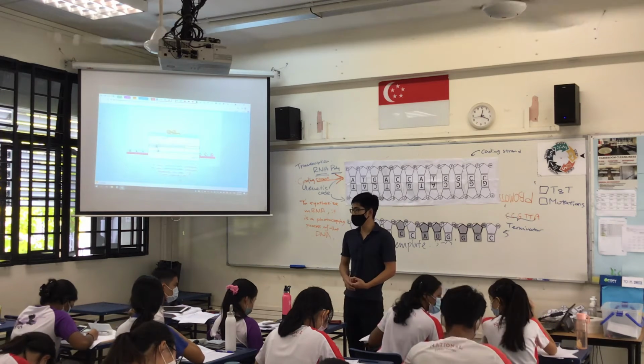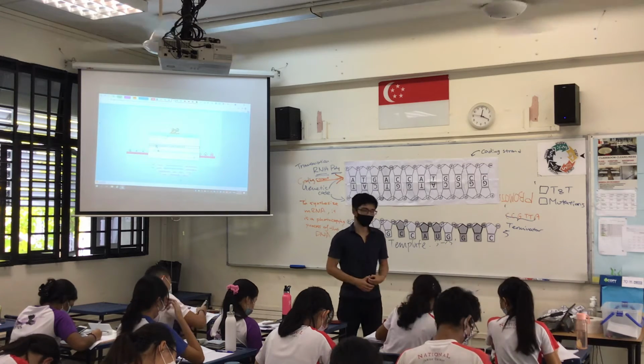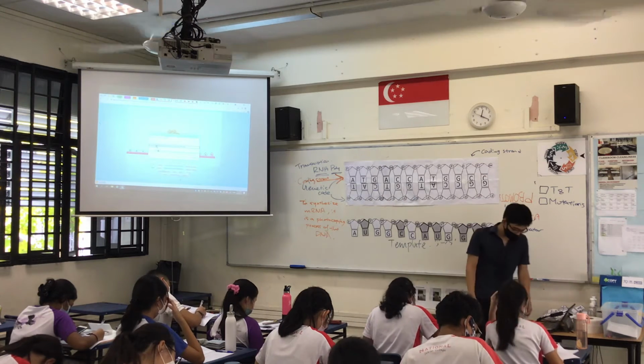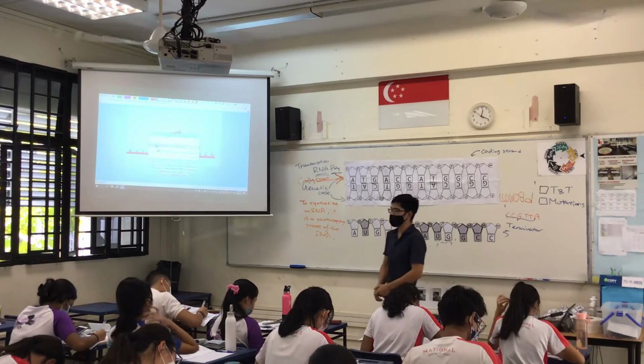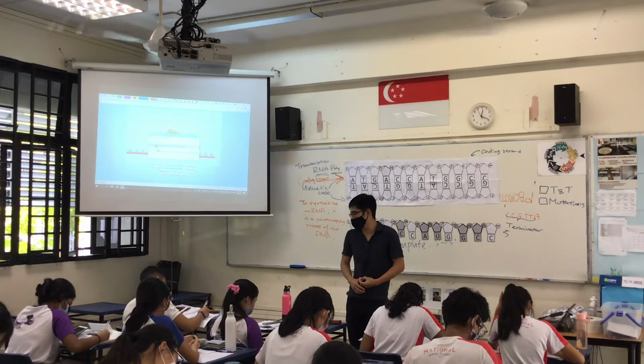Okay, everyone, perform a substitution and then we will do a check of your amino acid sequence. If you perform this substitution correctly, everyone should get the same sequence of amino acids.